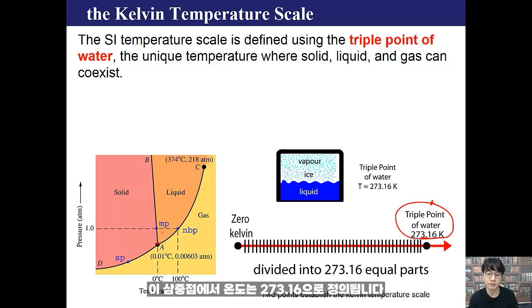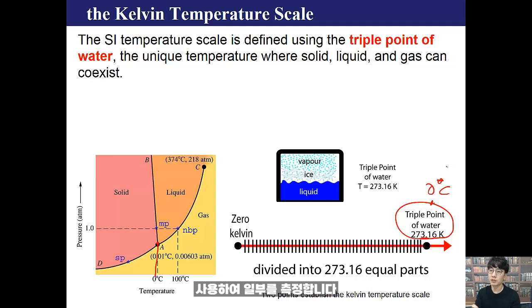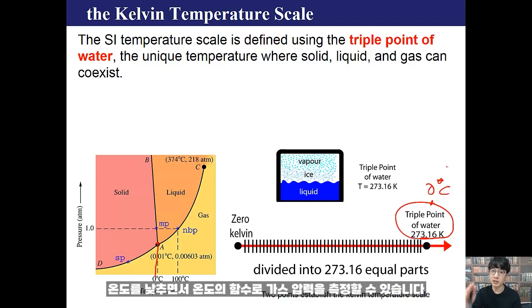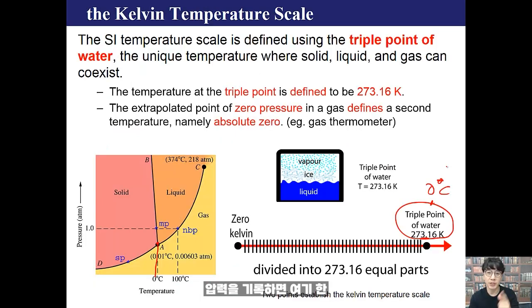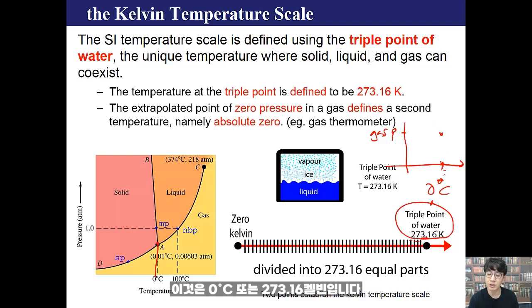At that triple point, temperature is defined as 273.16, near 0 degrees C. Using, for example, a gas thermometer, you can measure gas pressure as a function of temperature while lowering the temperature. You record the pressure, and at this position the gas pressure corresponds to 0 degrees C or 273.16 Kelvin.